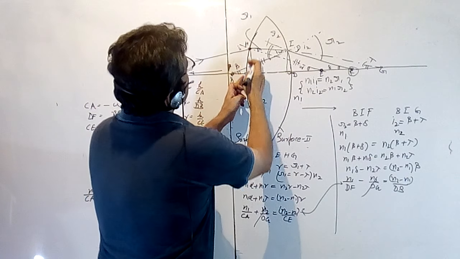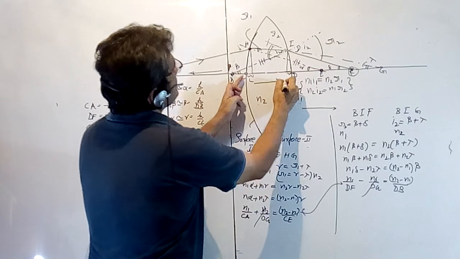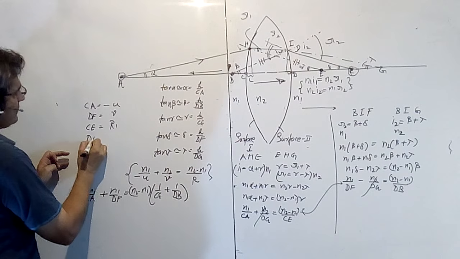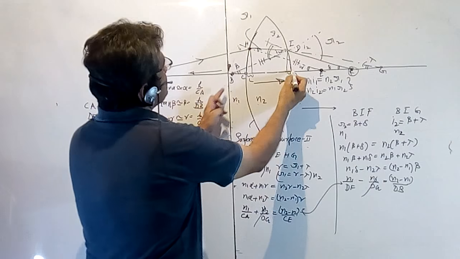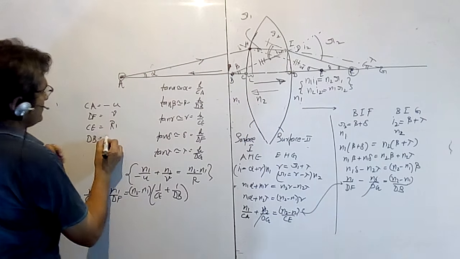Now what is CE? CE is, for surface one, R1 and it is positive. I am going in that direction. What is DB? DB is R2 and I am coming in the opposite direction, so it is minus R2.